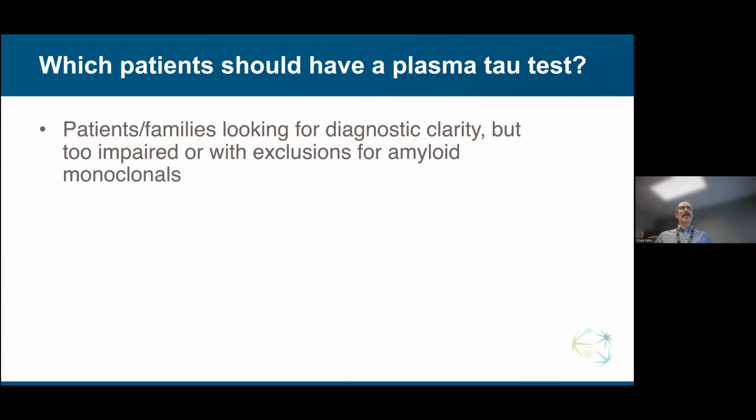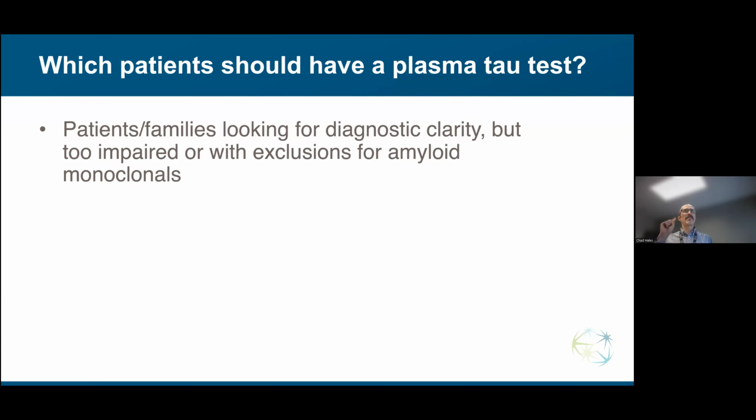At least for now, I see this as number one, being helpful for patients and families who are looking for diagnostic clarity, but maybe a little bit too impaired or with exclusions for amyloid monoclonals. And so in those cases, that test, if it comes back as negative or positive, you can say, this Alzheimer's may be contributing, Alzheimer's may not be contributing.